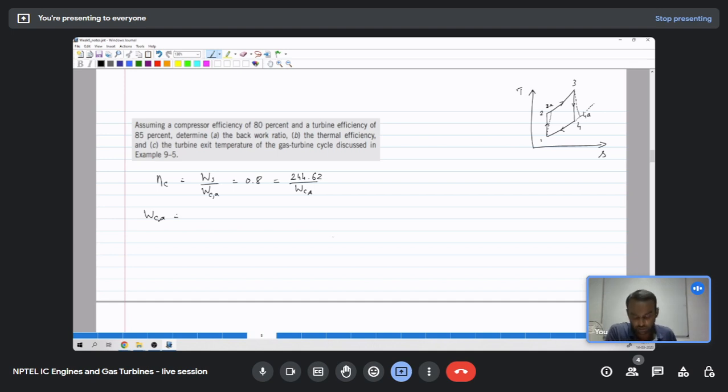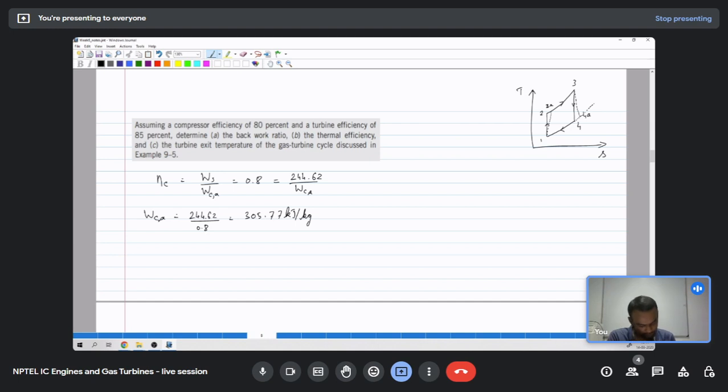So the actual work for the compressor is 244.62 divided by 0.8, that is 305.77 kilojoule per kg. So in the ideal case we should have supplied only 244.62 kilojoules of energy to obtain a pressure ratio of 8, but now because of its inefficiency we are supplying around 60 kilojoules more.